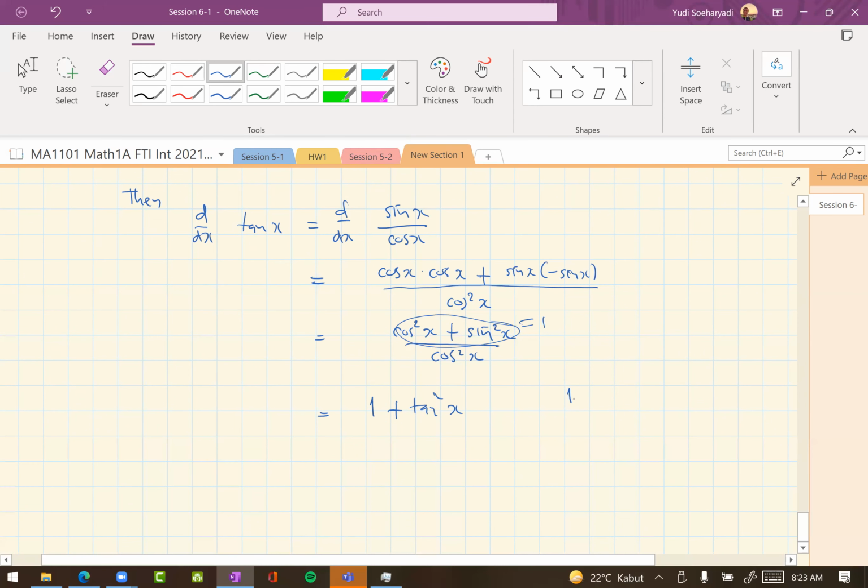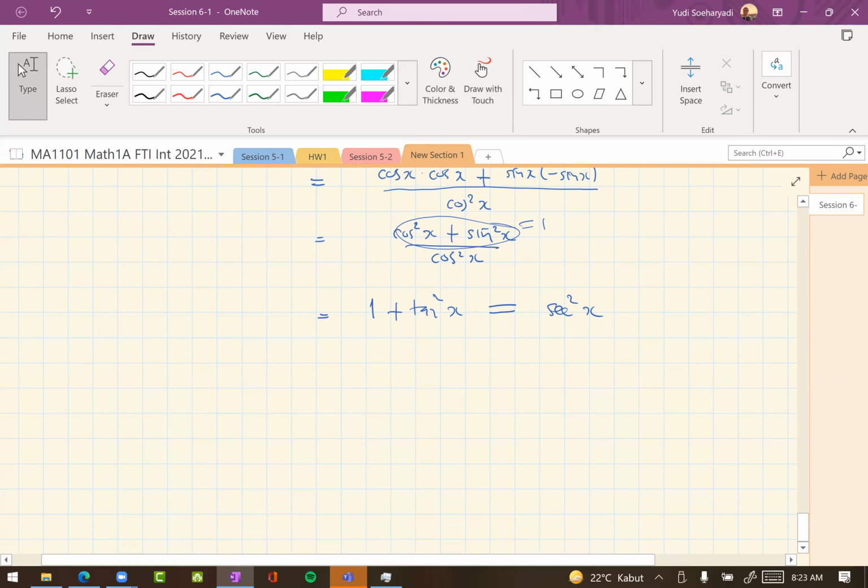So it is secant square. Because for a function, there's only one derivative. So this should be the same. So you have an extra thing here, you get this formula. So secant square is just tan square plus 1. The derivative.